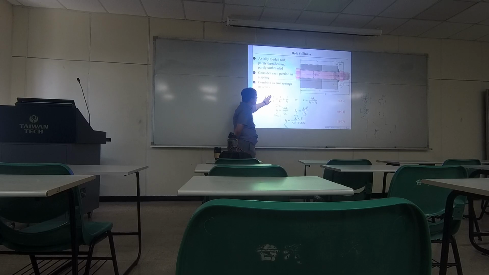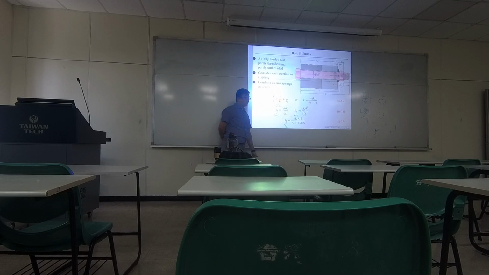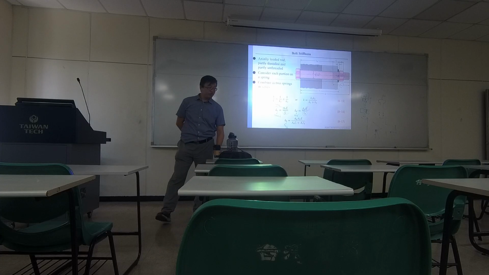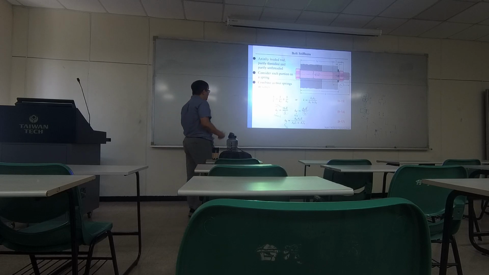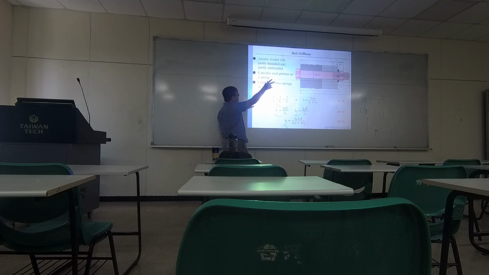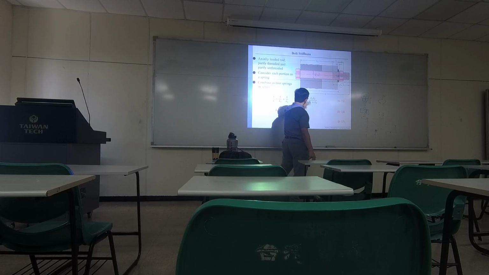So by this equation, you can then compute the overall spring coefficient. That's why at the end, the spring coefficient K of the entire bolt equals the last equation. So basically, you're treating the rod part and the thread part as two different springs, and they have different properties.